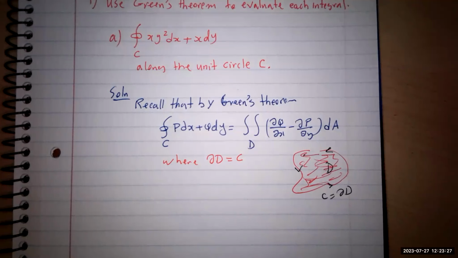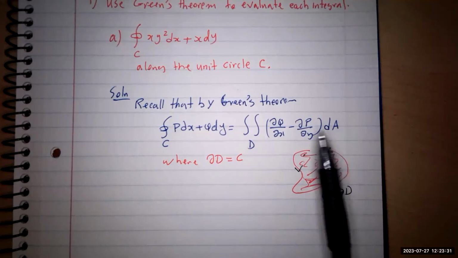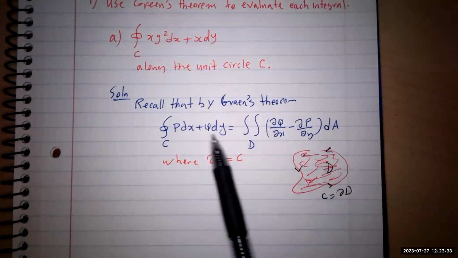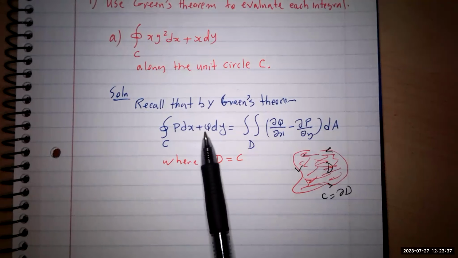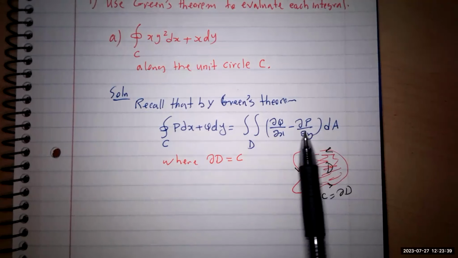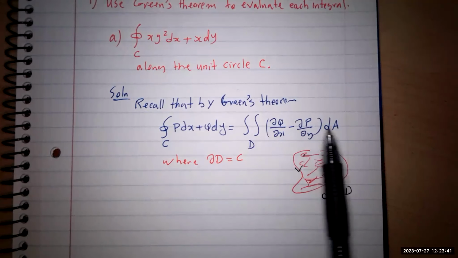If your force is conservative, you know that in two dimensions, in R2, you compare P and Q together: partial P partial y is equal to partial Q partial x. So these two are equal to each other, and the integrand would be 0.